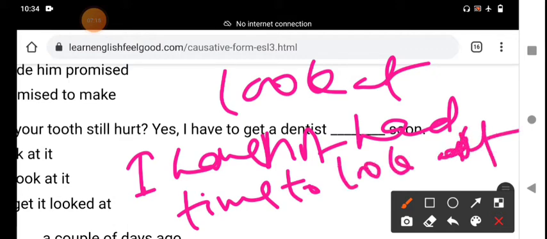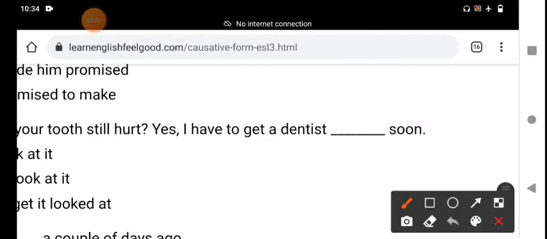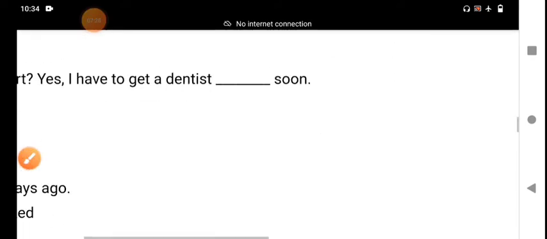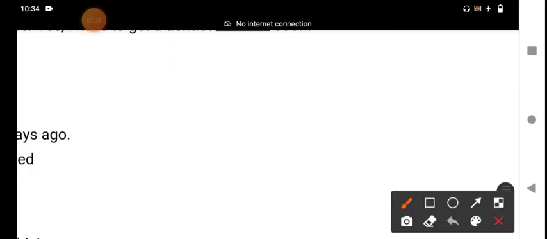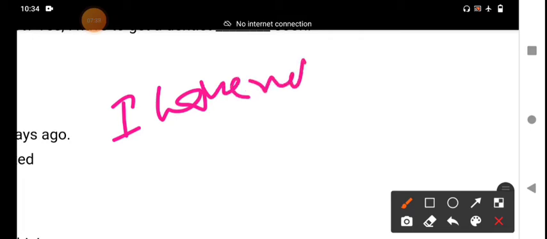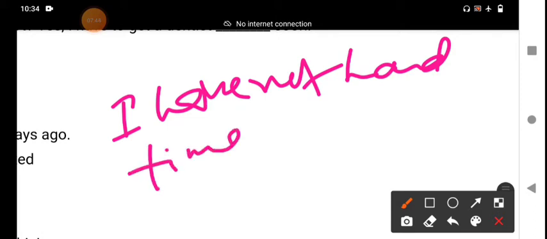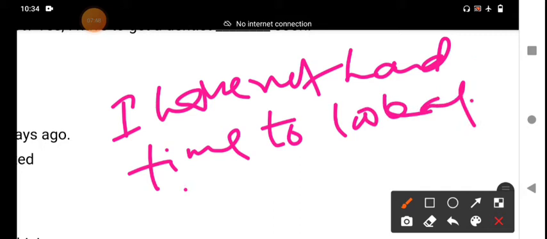To look at the daily newspaper. I will write again, dear students. Please listen carefully. Here the phrasal verb look at means to examine something very closely. For example, I have not had time to look at the newspaper.